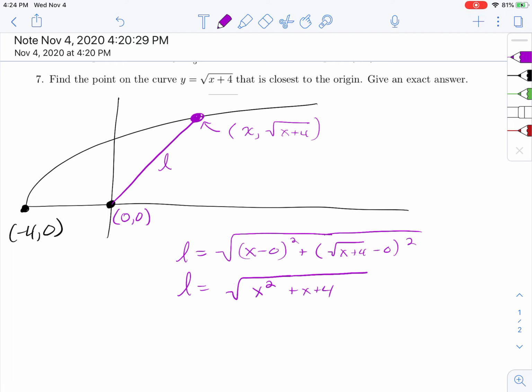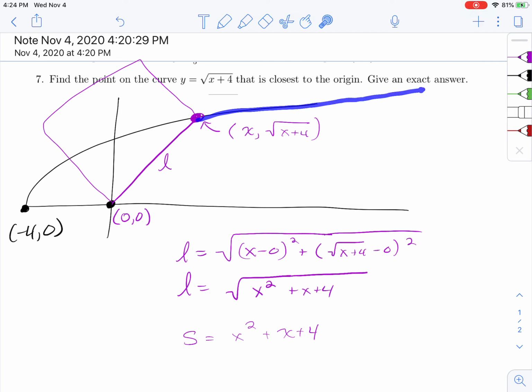However, it's easier to minimize the square of it. I'm going to call it s for square. The idea here is, if I were to draw in a square here, as this point moves around the graph, L is going to get bigger, and the area of that square is going to get bigger.